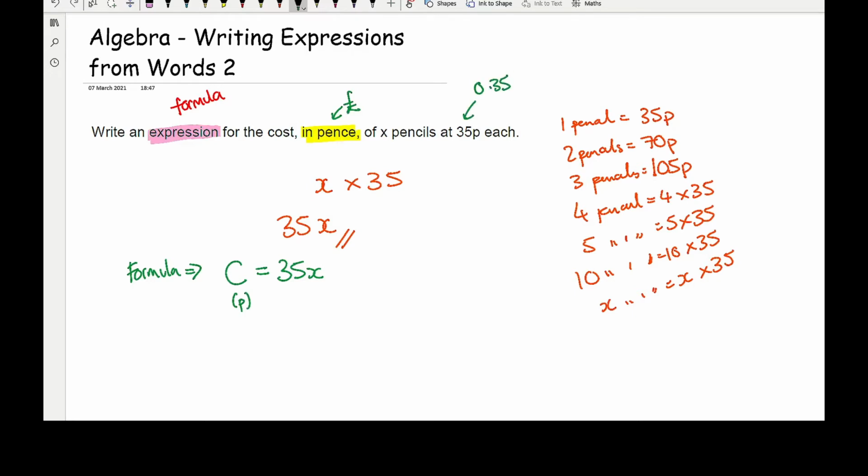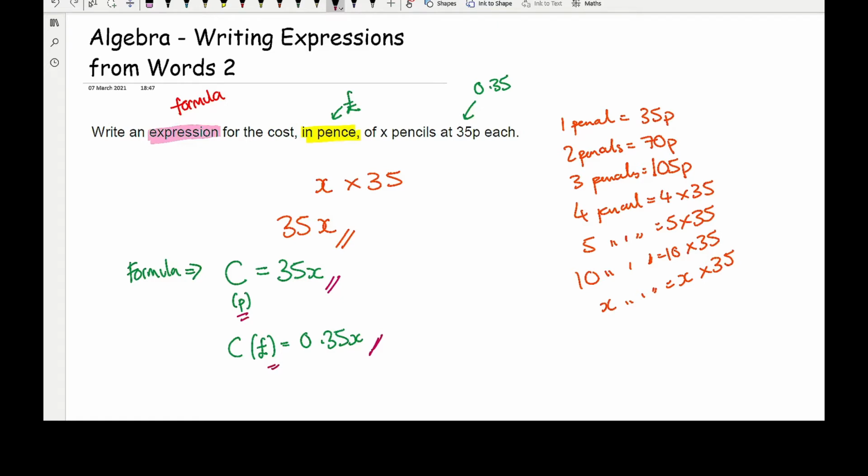So then the cost in pounds would be 0.35x. Now, if a question doesn't specify the units, then you can really choose which one you want to go for. But it's always good practice to state what the units are if you are writing it as a formula.